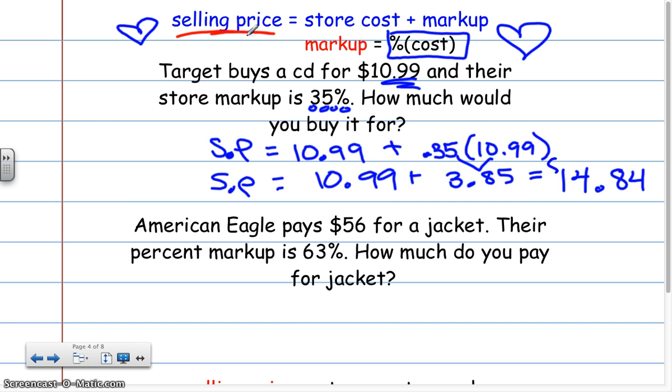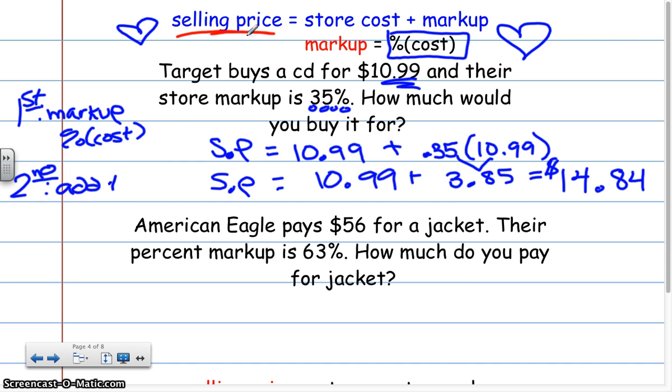So again, let's recap what I did here. I determined markup, and if you want to do steps, you can do first, determine what your markup is. And my markup is my markup percent times my cost. Percent as a decimal. And then you could say second, add it to your cost.